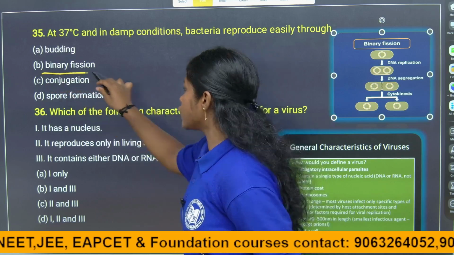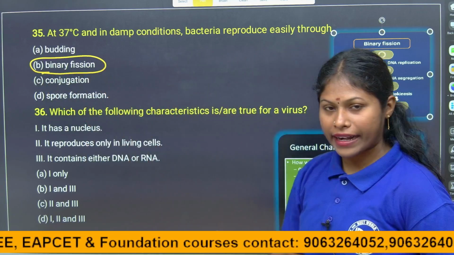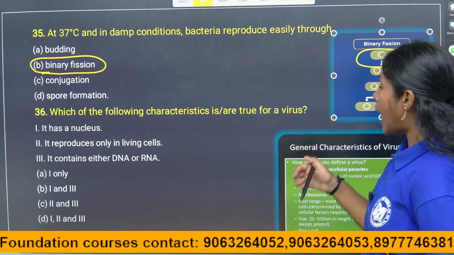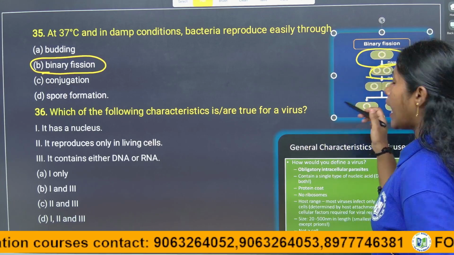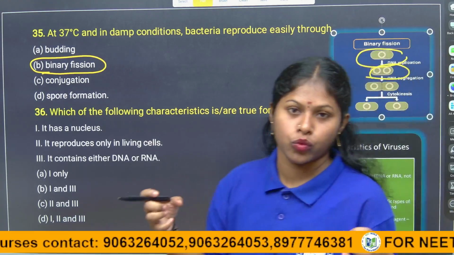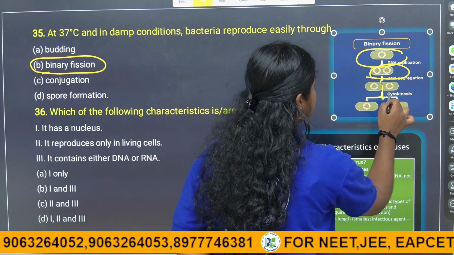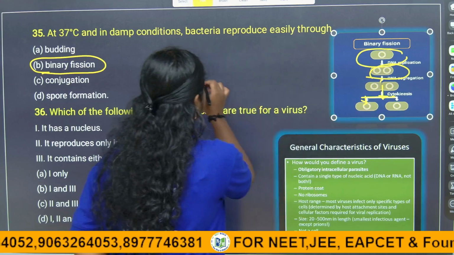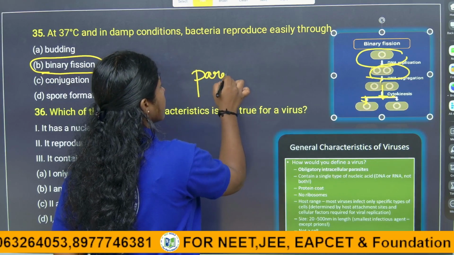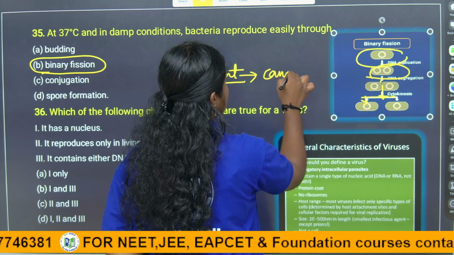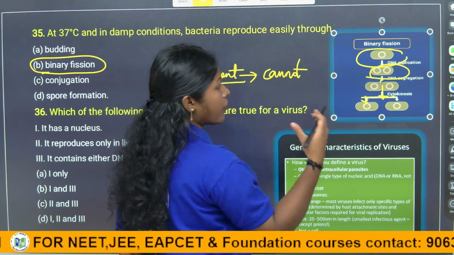In binary fission, children, when the conditions are ideal for the bacteria, it becomes twice in amount and copies its DNA and makes 1 cell into 2. So in binary fission, the parent cannot be seen, because the parent itself is dividing into 2.